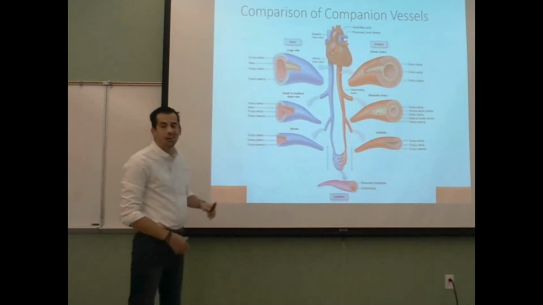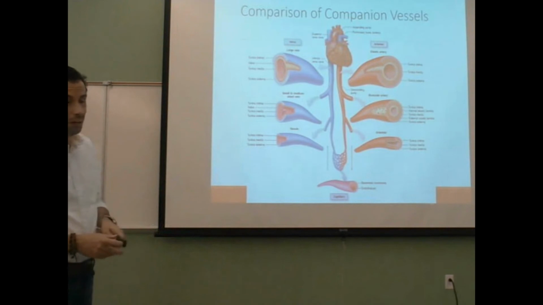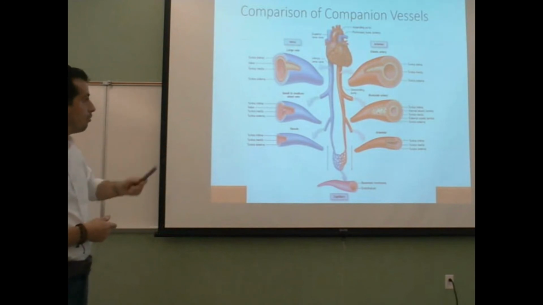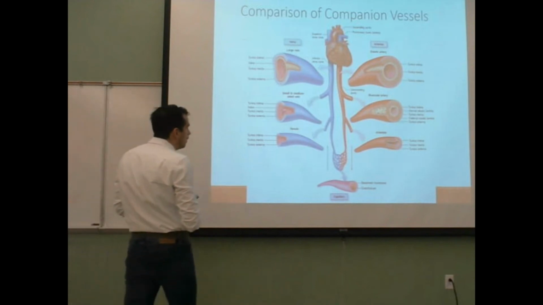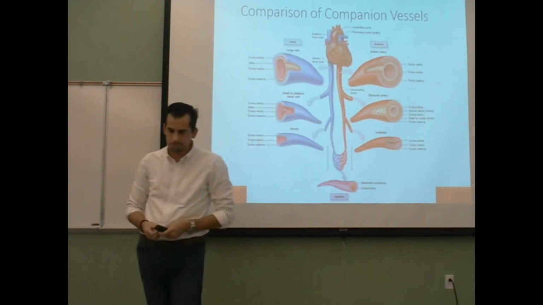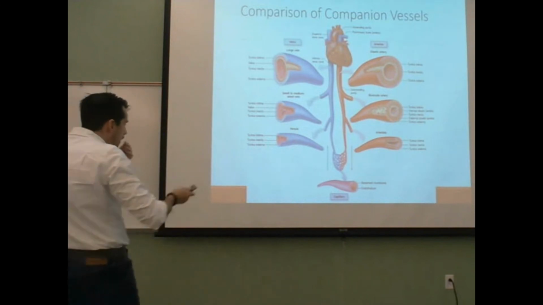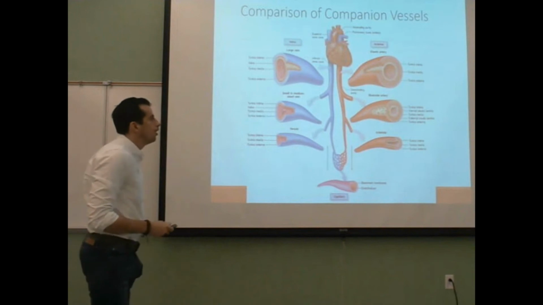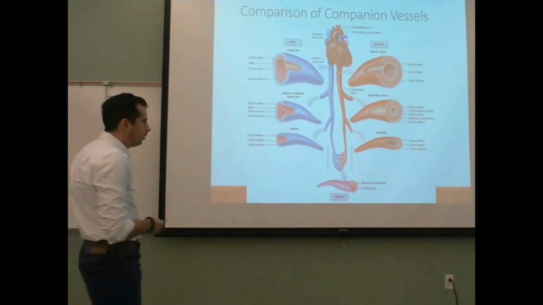When we look at veins, we categorize them into three pretty logical categories. Large veins, small to medium-sized veins, and even smaller veins that we happen to call venules. Nothing fancy about that naming system. In the arteries, however, we've got the largest of arteries that we refer to structurally as elastic arteries.